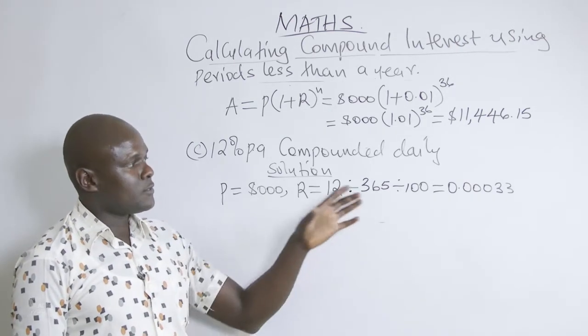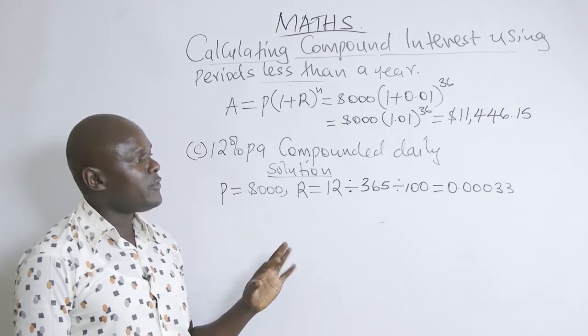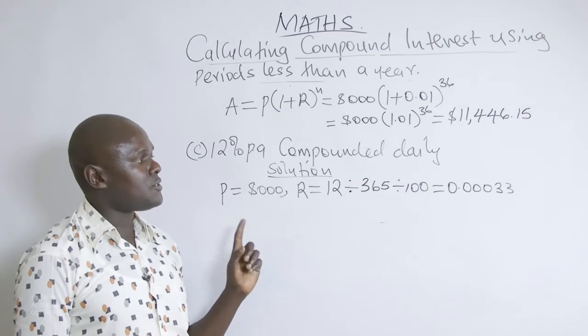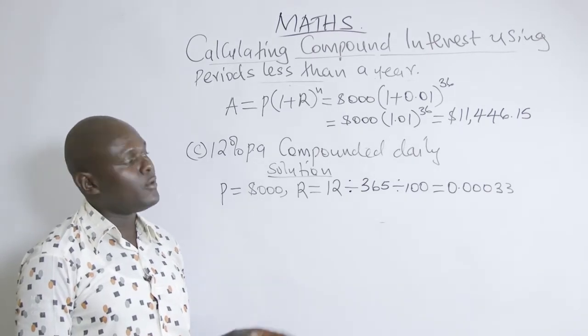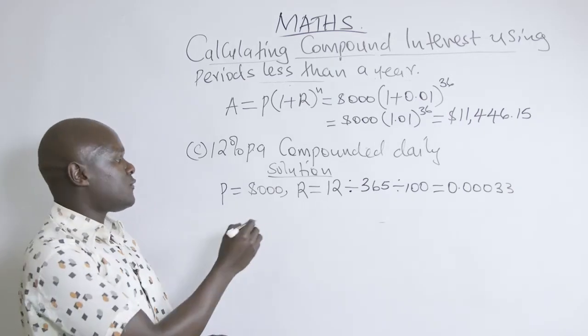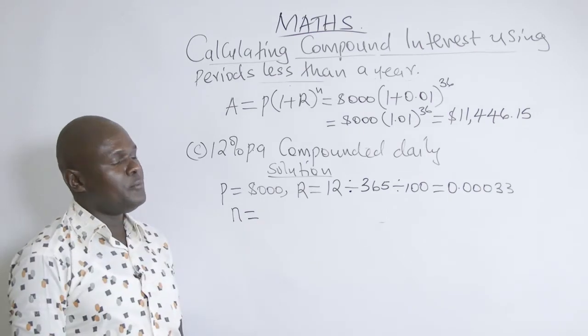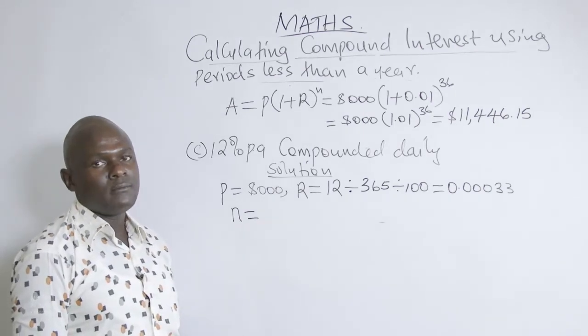That will be our new rates. As we move on, you discover that the things that are changing are the rates. It is prudent that we adjust our rates before we feed the same information into our compound interest formula.